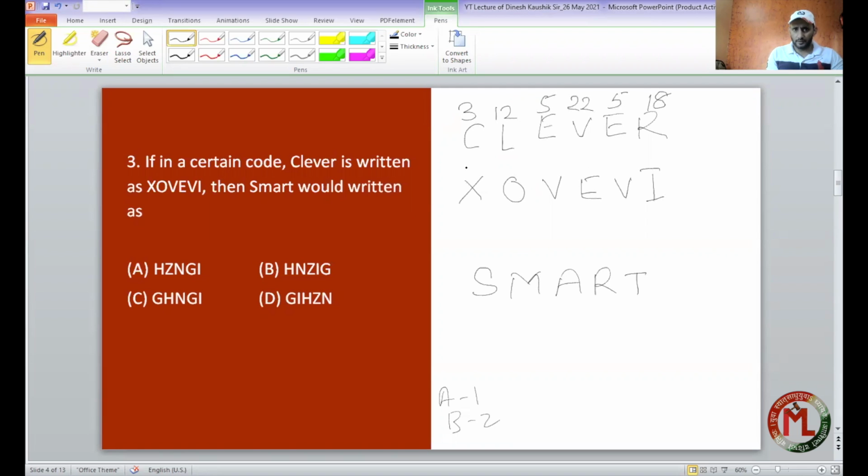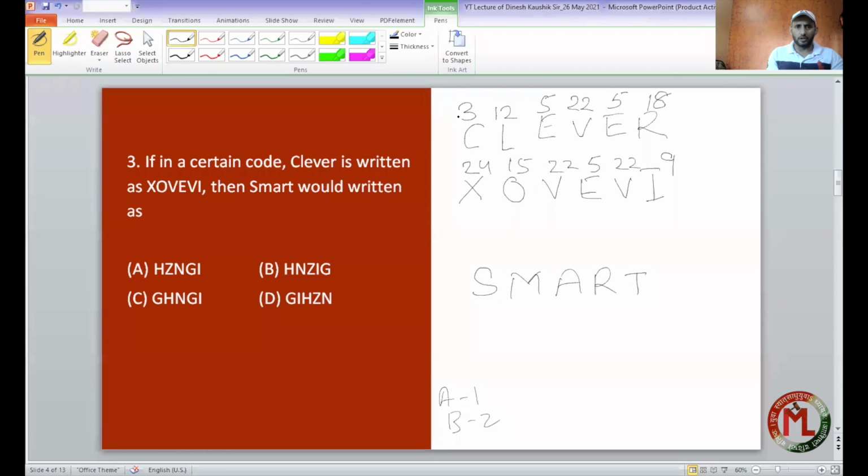X is the 24th letter of the English alphabet, O is the 15th letter, V is the 22nd letter, E is the 5th letter, V is the 22nd letter, I is the 9th letter of the English alphabet.